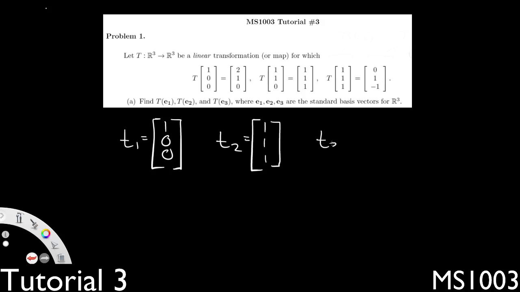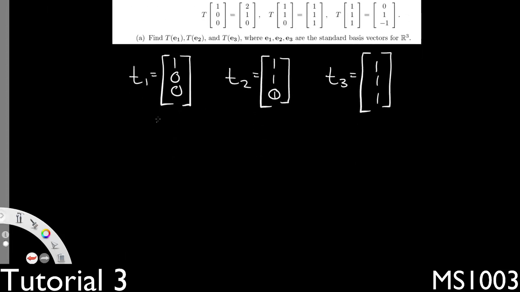For convenience, I'm just going to name these vectors now. T1 is going to be (1, 0, 0), T2 is going to be (1, 1, 0), and T3 is going to be (1, 1, 1). Cool. And part A asks us to find T of E1, T of E2, and T of E3.